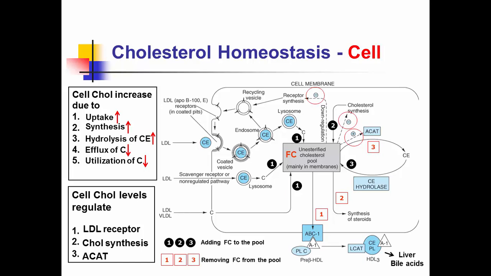So I listed here 5 different things that can make free cholesterol levels inside of cells high. For example, uptake. This represents the cell, and the cell membrane has different types of LDL receptors. If uptake of cholesterol from LDL is increased, then you will cause an increase of the free cholesterol inside of the cell, right?